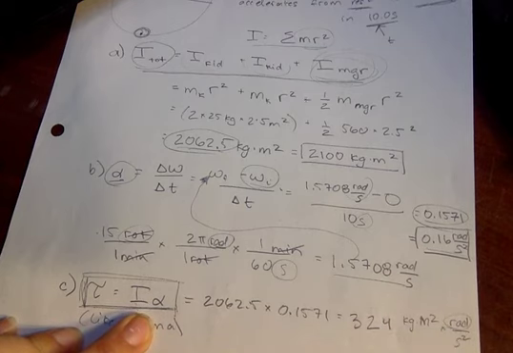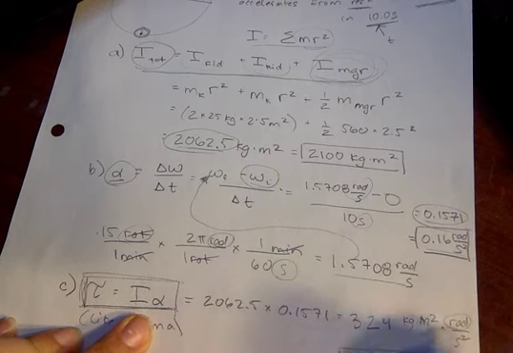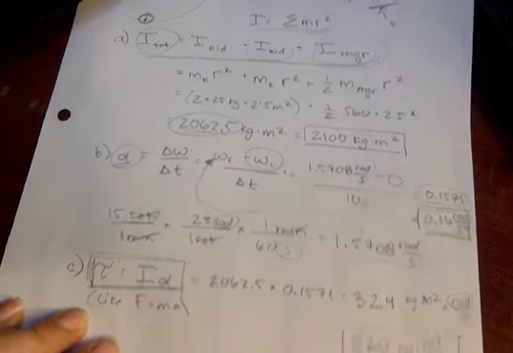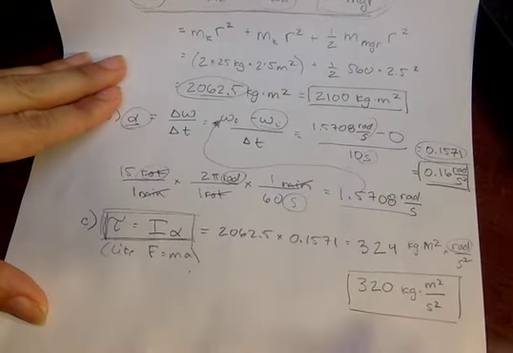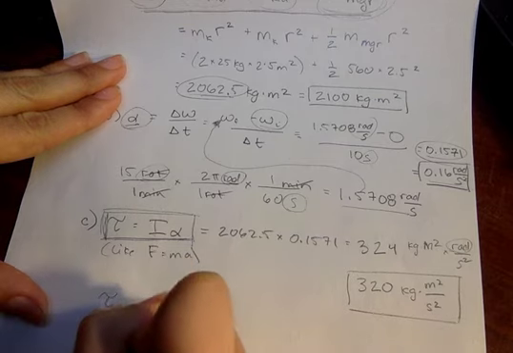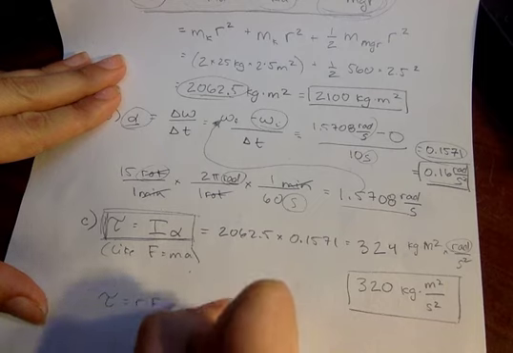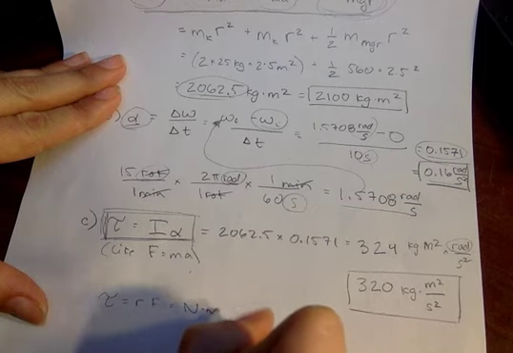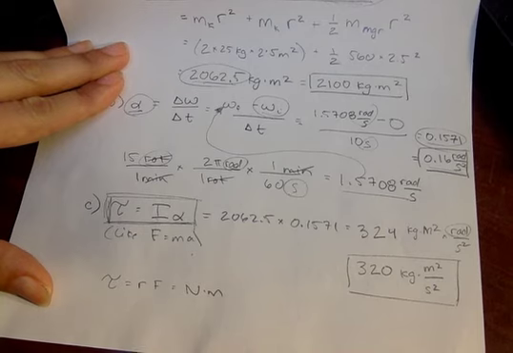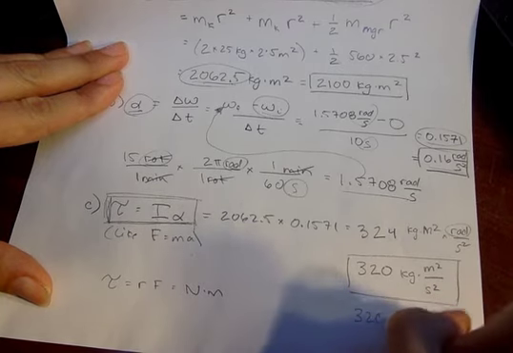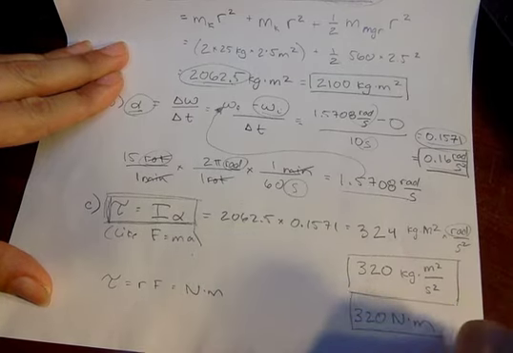So this is 320 kilograms times meter squared per second squared, that's the unit of torque. The unit of torque is also, if you remember, torque is R times F, which is a Newton times a meter. So another just fine unit here would be 320 newtons times meters. Either one of those is just fine as your answer.